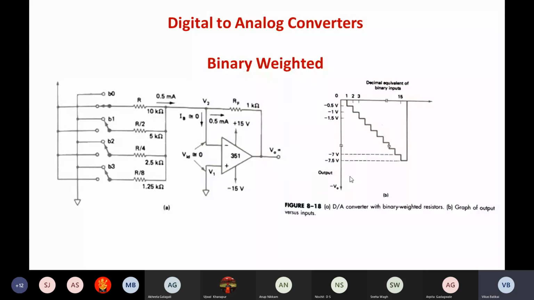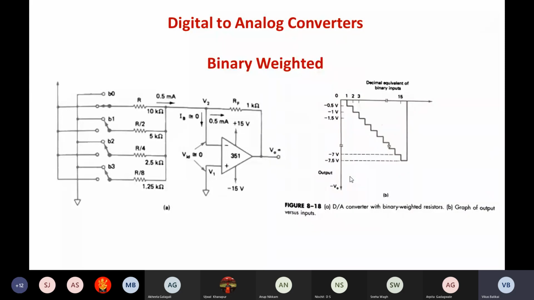As you can see on your screen, we have a simple digital to analog converter, with two circuits, A and B. Figure B shows the output, and how do I interpret that output.